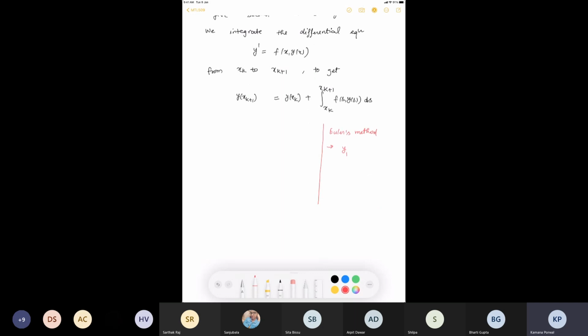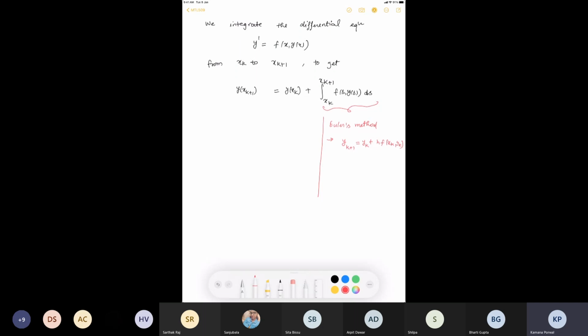Euler's method is yk plus 1 equals yk plus h times f of xk, yk. For this term, if I use an approximation, it is like applying integration rules, right? If I choose a suitable integration rule, you can observe that you get Euler's formula. So what is the integration rule I should expect here?